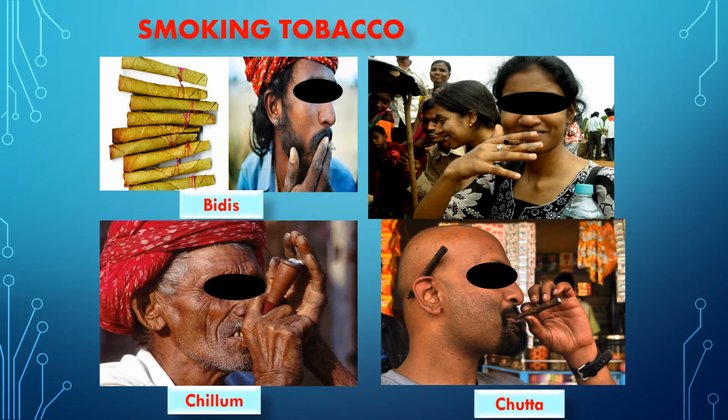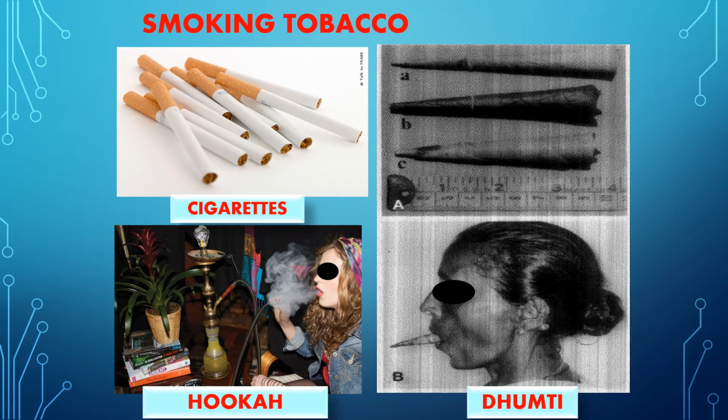Cigars are made of air-cured fermented tobacco, usually in modern factories. And then you have cigarette, you have hookah, you have dumpty.